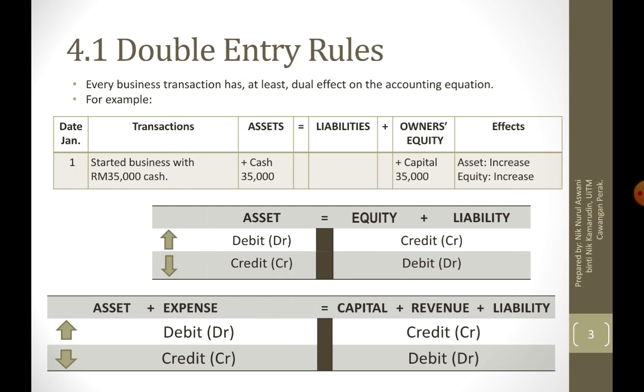Okay, in the previous session on the accounting equation and accounting classification, I mentioned the basic accounting equation, which is expenses plus asset equivalent to capital plus liability plus revenues.